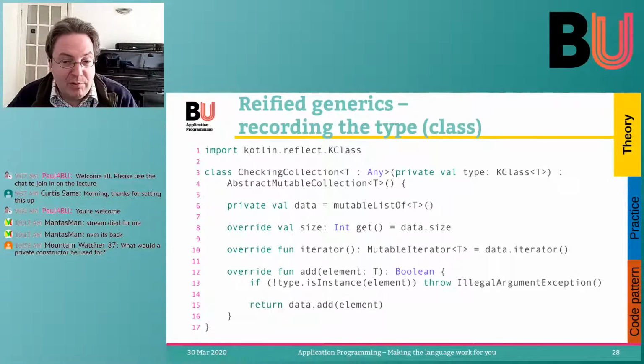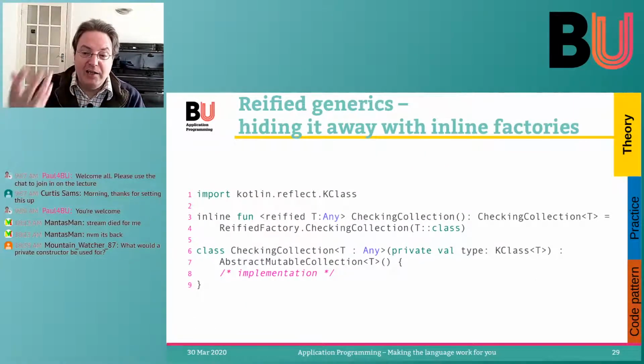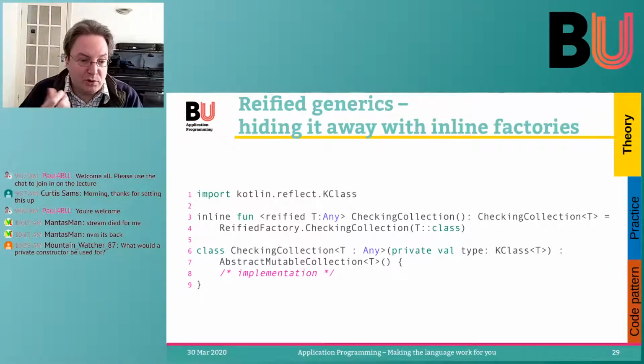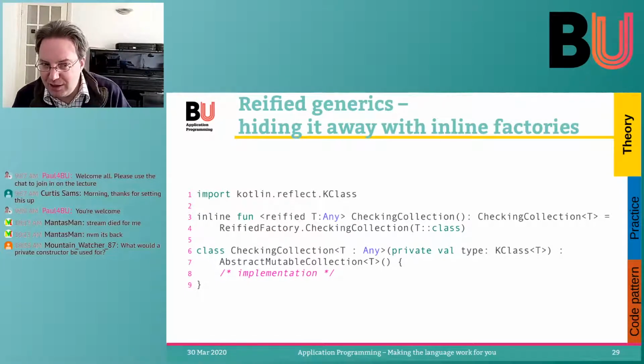So that is how we do that, and this is how you would actually hide it away with an inline factory. We just have a checkingCollection<T> that takes a reified generic parameter. It has to be inheriting from Any, because the type of class T does not allow you to have nullable types.